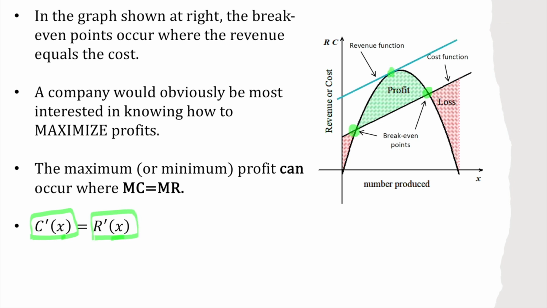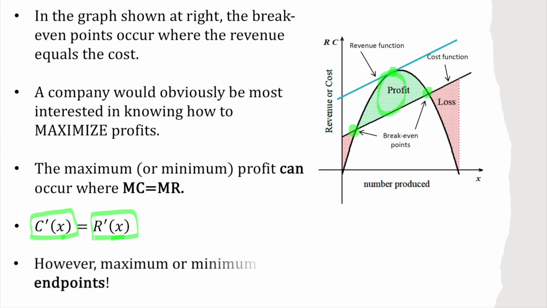Right here. And again, you can see that's where the difference between the cost and the revenue is the biggest gap. However, maximum or minimum profits can also occur at endpoints, so beware.